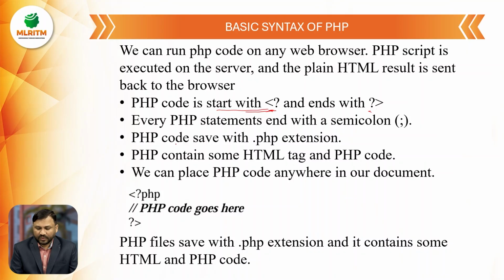After writing the program, we can save it with the .php extension. After saving, we can run it directly through the XAMPP server. To run that program, we need to start the XAMPP server. Then in that server, we can open that particular folder and run the program.